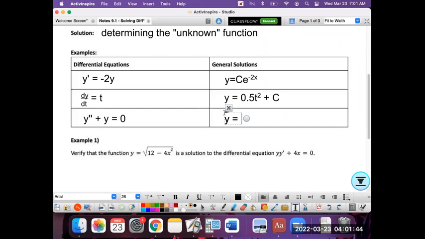I'll use a and b. It really doesn't matter. They're just general constants. So it's a sine of x plus b cosine of x. If you were to take the second derivative of that, put it here, add this exact equation to it, everything would cancel out and you'd get 0.